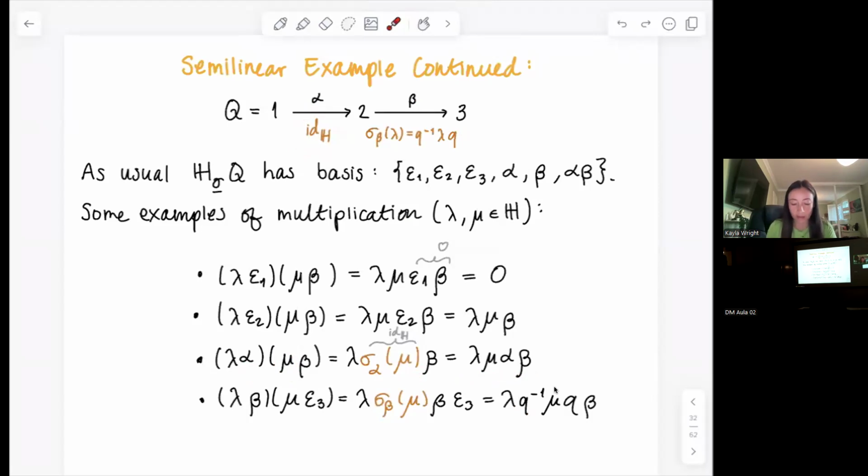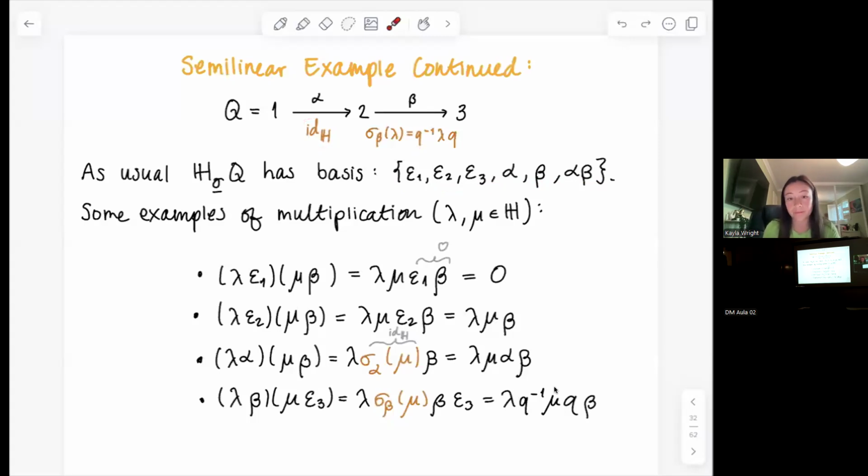But if we were to pass through the more complicated automorphism, passing mu through beta, we need to make sure that we're twisting by the automorphism on beta, which is this q inverse mu q. So these are just some examples of multiplications in this algebra. Again, it has the same basis, but the multiplication has to respect the automorphisms we've chosen on the arrows.